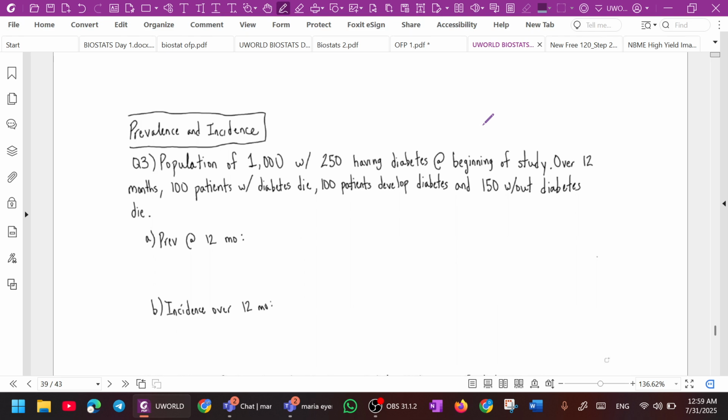Then lots of things happened. Do you understand where the 750 comes from? It's 1000 minus 250, excluding the 250, because they already have the disease at the beginning. You got it. Okay, next.